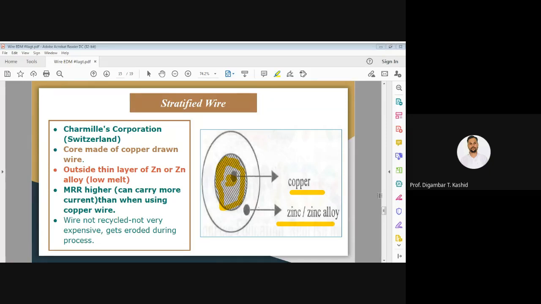Please draw this diagram. All of you, please draw and write down.